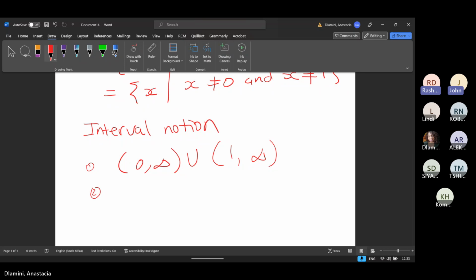Open bracket, negative infinity to 0, and union, open bracket 1 to infinity. Please cancel that 0 and 1.